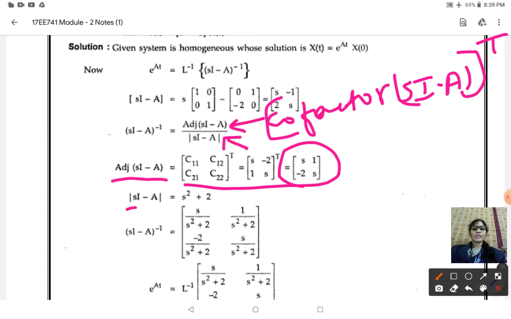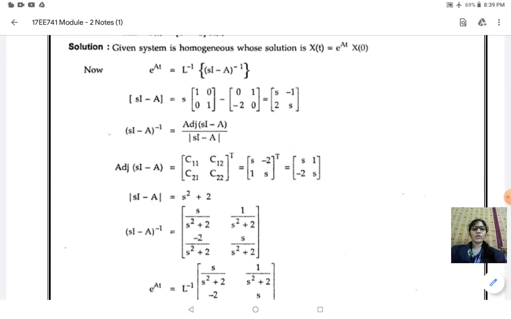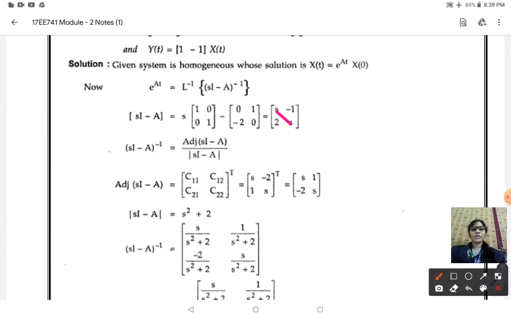Then the determinant value can also be identified, and the value obtained is going to be s square plus 2. So we all know how to identify the determinant value, right? So it is s square minus minus 2, it is going to be plus 2. So we will be getting s square plus 2 as your determinant value.